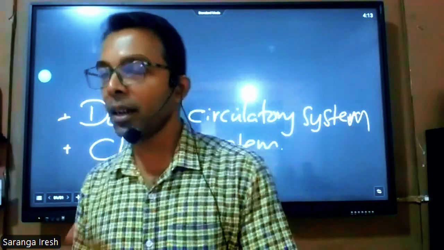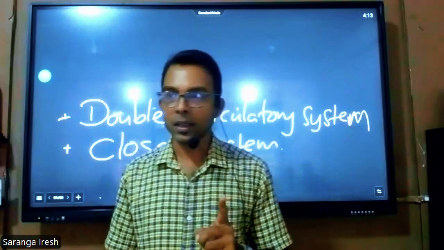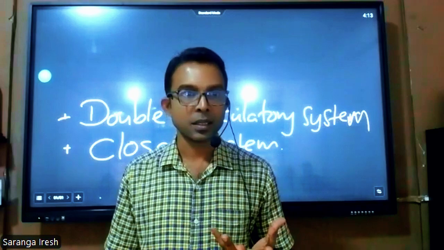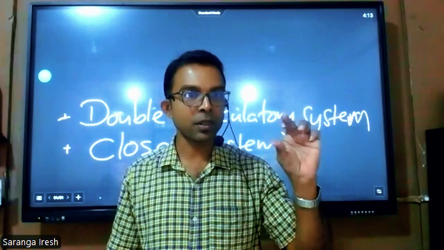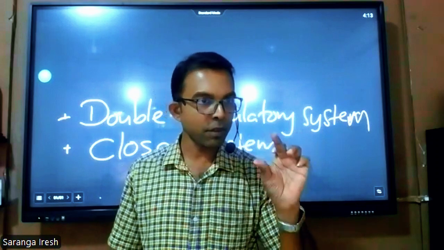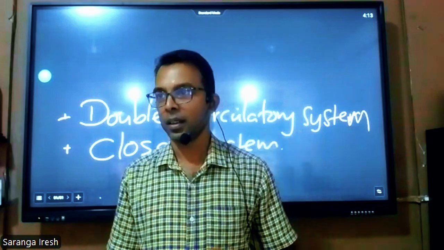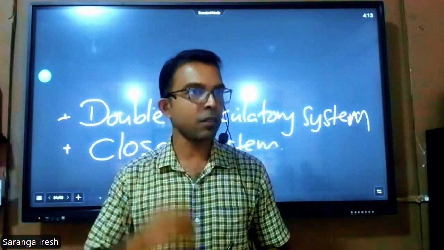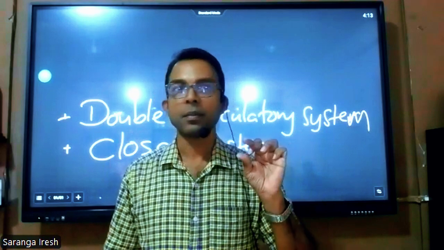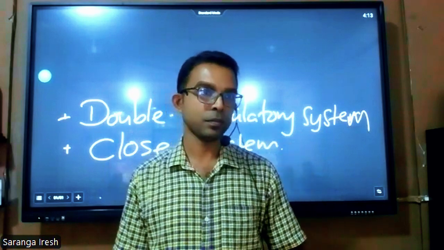The pulmonary artery and aorta also contain valves. At the starting point of the pulmonary artery and the aorta are semilunar valves. In the aorta, it is called the aortic valve. In the pulmonary artery, it is called the pulmonary valve.